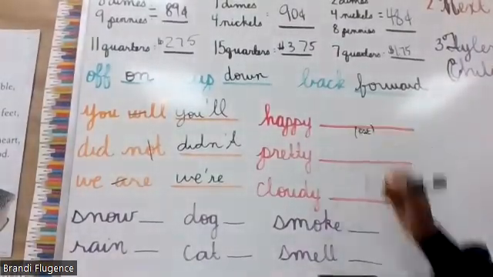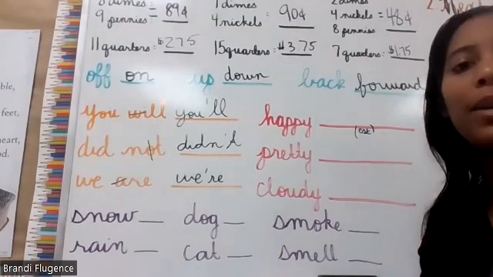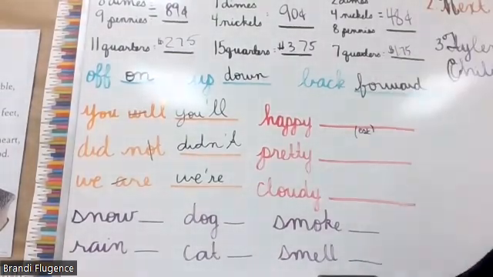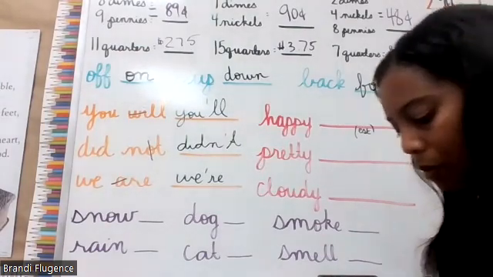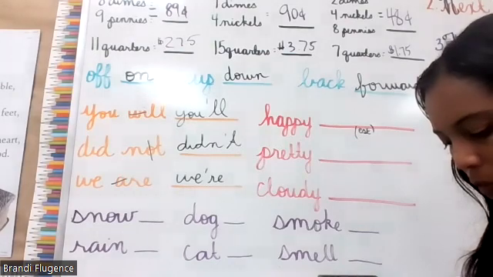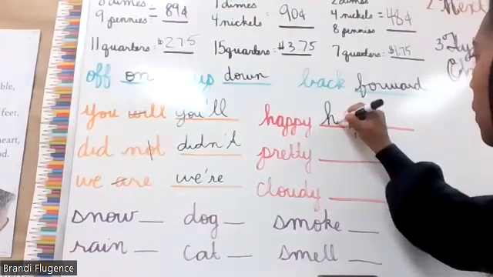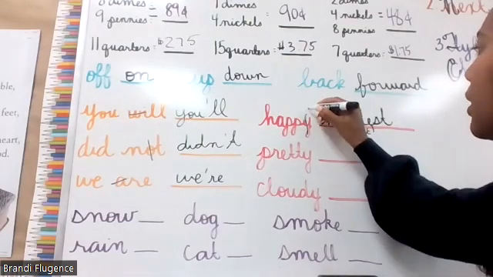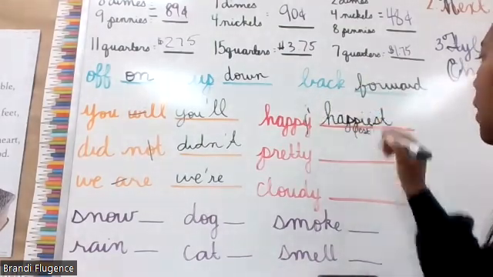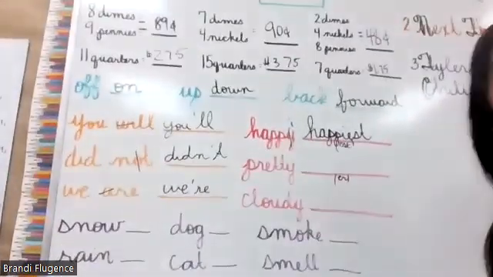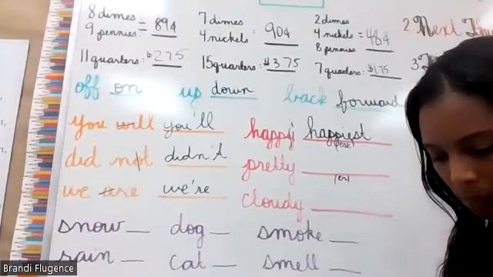All right, let's turn happy into happiest. What's my rule I have to follow before turning happy into happiest? Spell it out for me, Asa. How would I write happy into happiest? H-A-P-P-I-E-S-T. Remember, you take off the Y, turn it into an I, then you add your suffix. Pretty into prettier. Kyra, how would I write that?